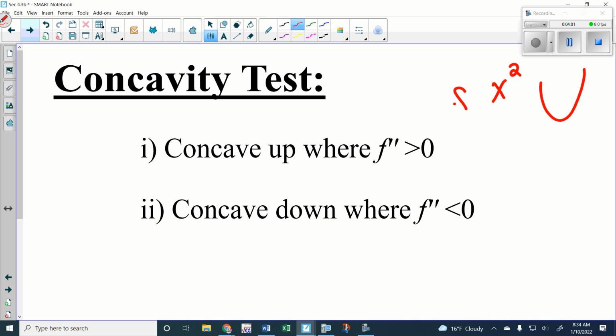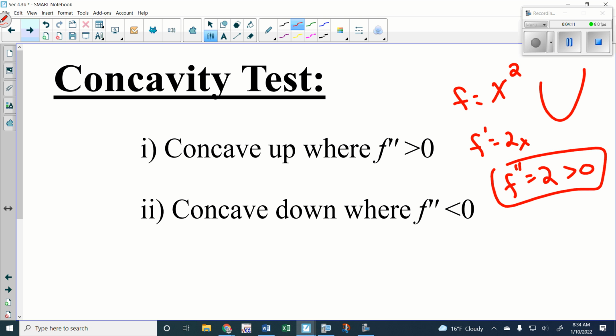The first derivative is 2x, and the second derivative is 2, which is greater than 0. I think all of you are smart enough to take the second derivative of x squared pretty quickly in your head. So this is a great thing to remember for what shape opens up, because you can do that really quickly in your head.